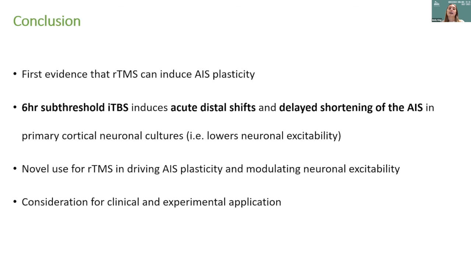And in saying that, it's actually quite exciting, right? Because it opens up the opportunity to explore the use of rTMS in driving axonal plasticity, which could lead to exploring its potential as a treatment for neurological conditions that present with axonal or AIS dysfunction, in which there are currently very few, if any, translatable tools available to do that.